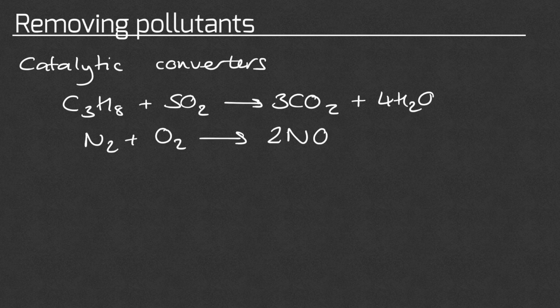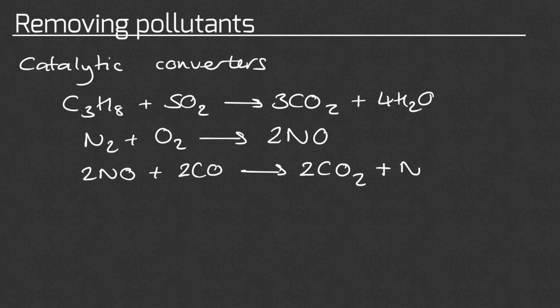We also know that in the car engine, nitrogen and oxygen can react together to ultimately form nitrogen oxide. The catalytic converter enables the nitrogen oxide to react with the carbon monoxide produced during incomplete combustion. So any of this process here, which doesn't happen during complete combustion and produces carbon monoxide instead, can then react in the catalytic converter with the nitrogen monoxide, and that will form two lots of carbon dioxide and nitrogen gas.